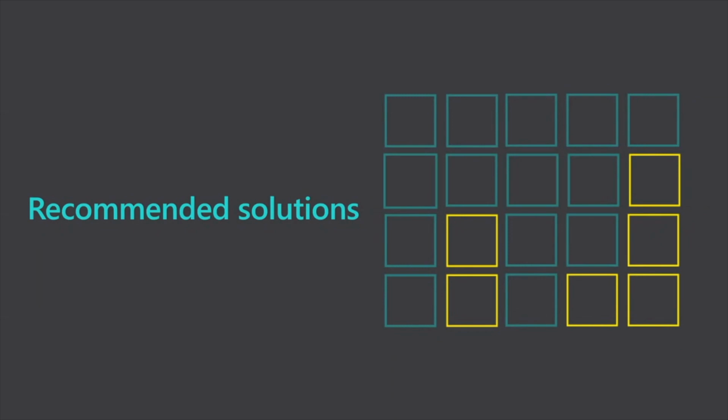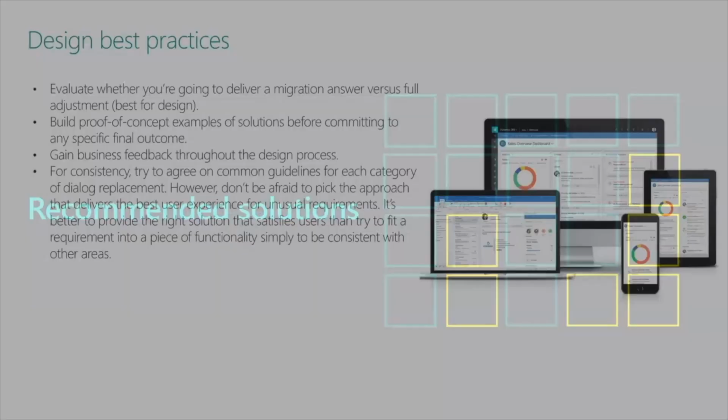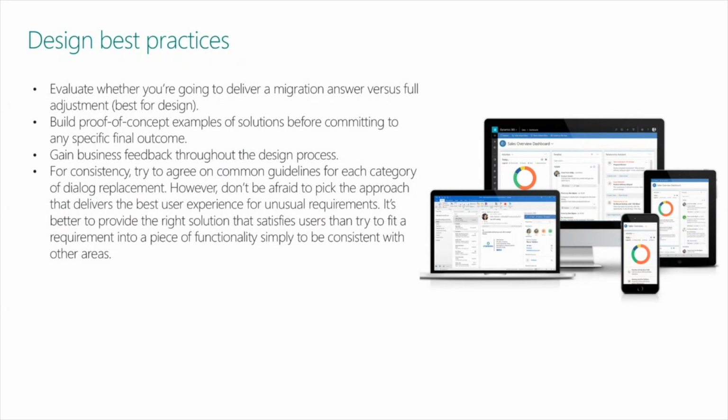Okay. Next, we're going to talk about categorization and the recommended solution for every category of pattern that we have seen. Again, these are just to reiterate some of the design best practices. Evaluate whether you're going to develop a migration answer versus a full adjustment. That really is driven by understanding the broader business process that your existing dialogues are part of.